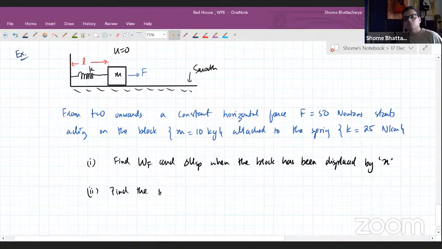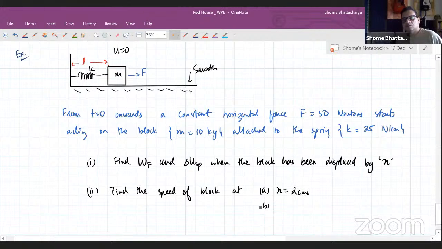And secondly, find the speed of the block at x equal to 2 centimeters, x equal to 3 centimeters. In fact, we'll do a whole series here.